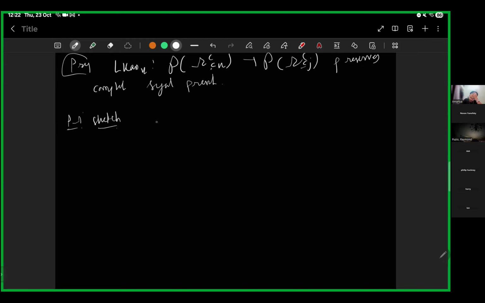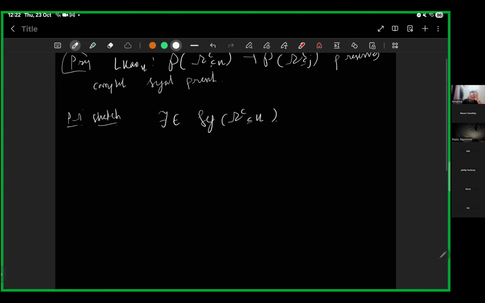So you start with the Segal presheaf. This is one of the equivalent statements of a presheaf being a Segal presheaf. It suffices to prove the following.